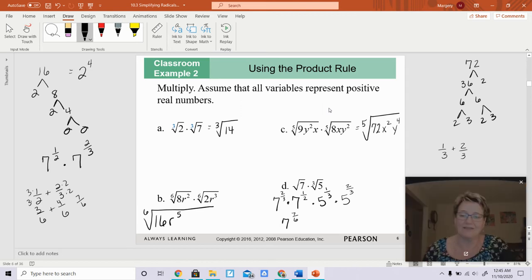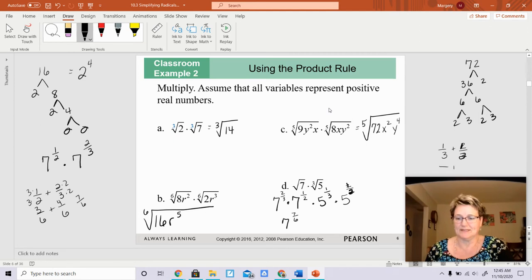Actually, I fibbed. I should do maybe 1/2. Let's do 1/2. I forgot I need it to be 6. So then this is going to be 6, times that by 2, times that by 3, and that's going to give me 5 to the 5/6.